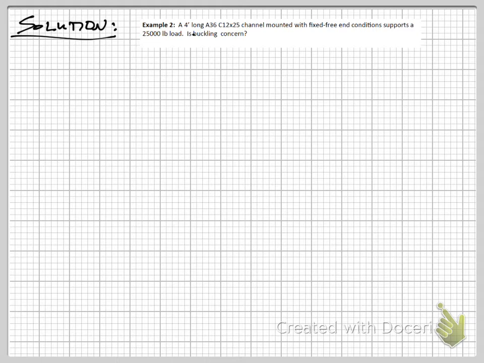Okay, since it was fixed-free, and we were going to put a load of 25,000 pounds on that column, we've determined from previous work that this K value is going to be 2. We can calculate our slenderness ratio and our column constant. So let's start with the slenderness ratio.